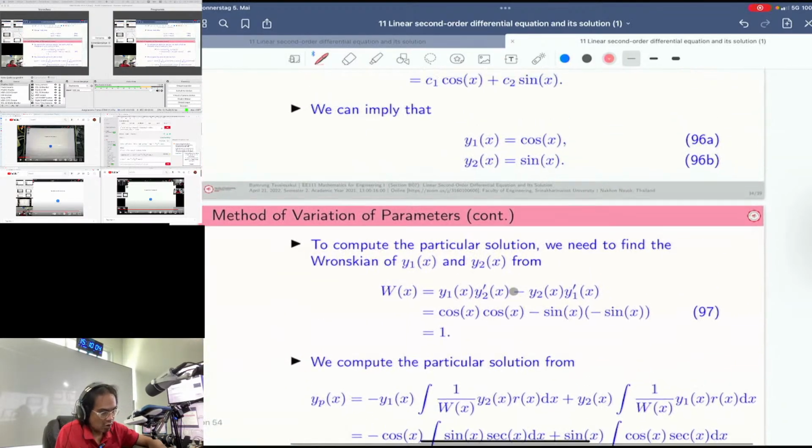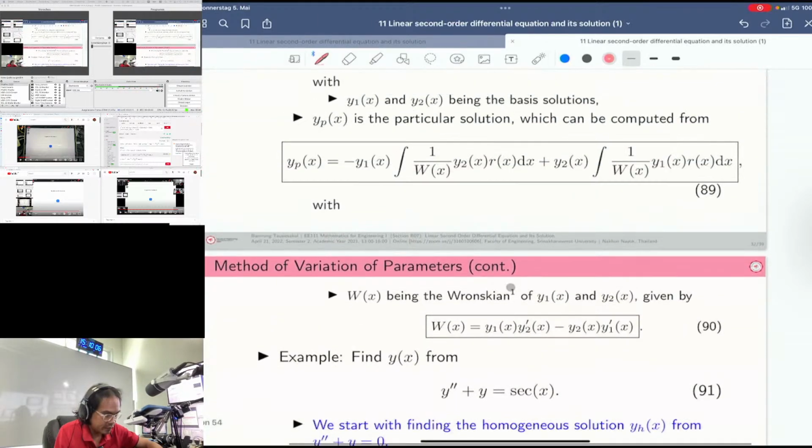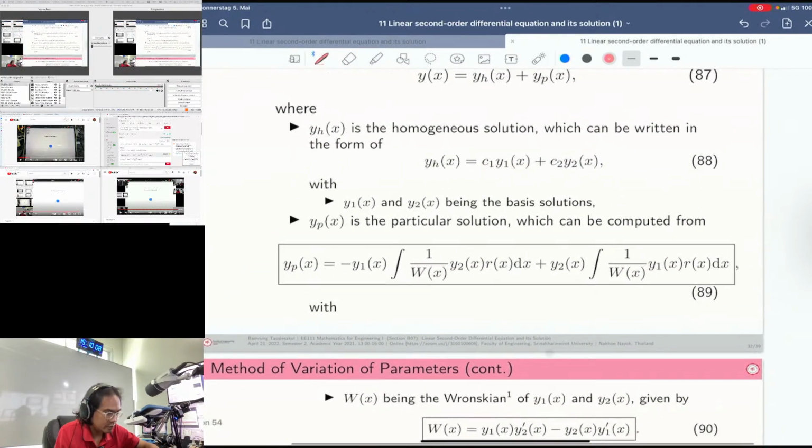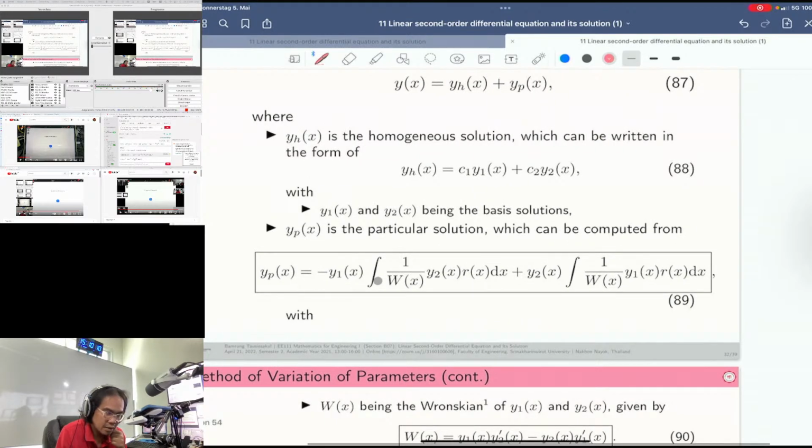We still have one more hour, right? So this is the general formula for the method of variation of parameters. In the y2 term, it is not negative, it's positive.